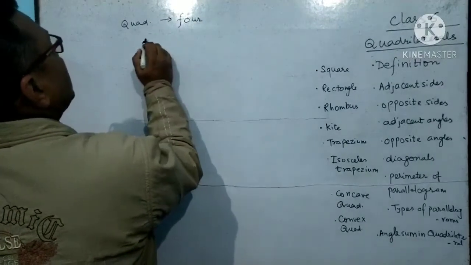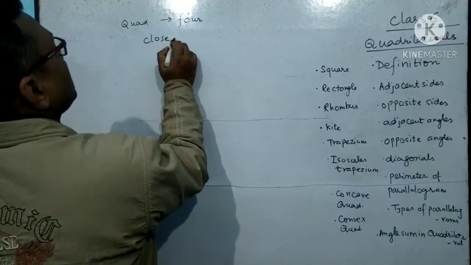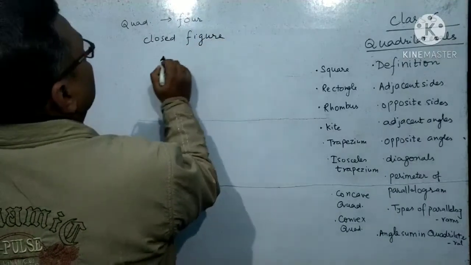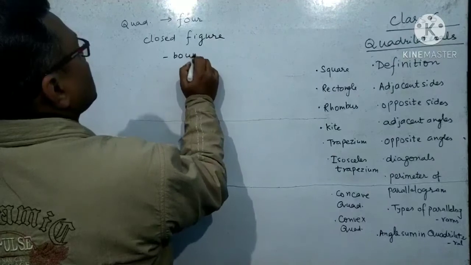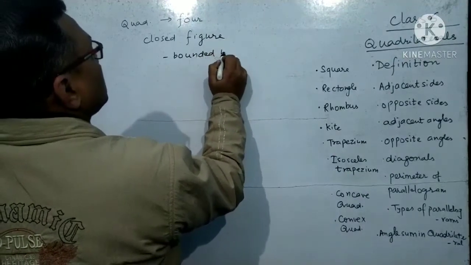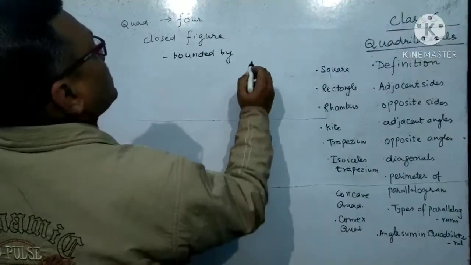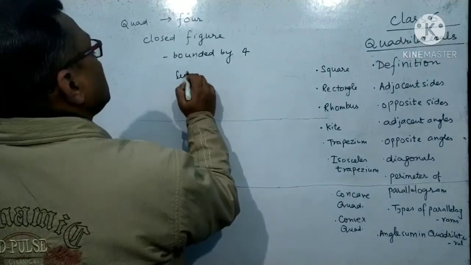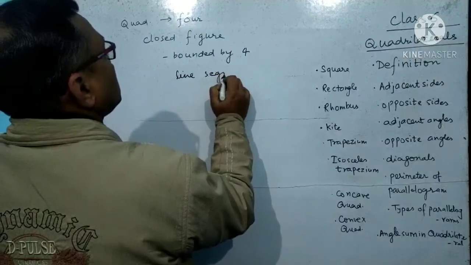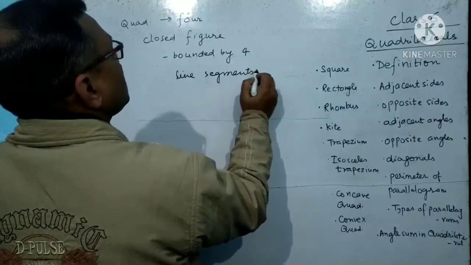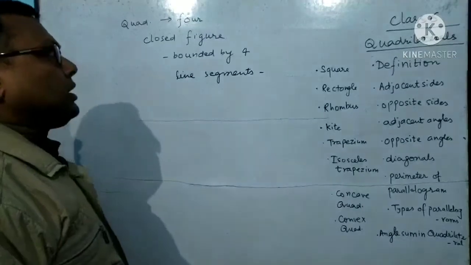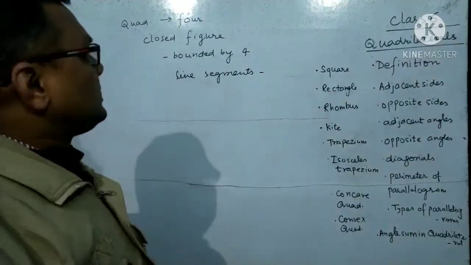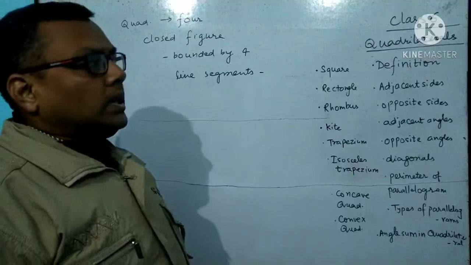So we can say any closed figure bounded by four line segments is called a quadrilateral. Any closed figure bounded by four line segments is called a quadrilateral. So this is the definition of the quadrilateral.